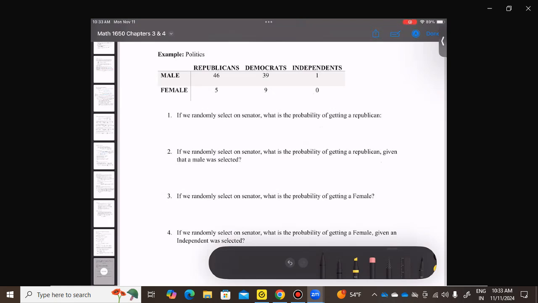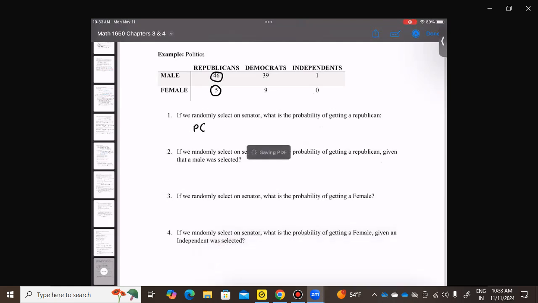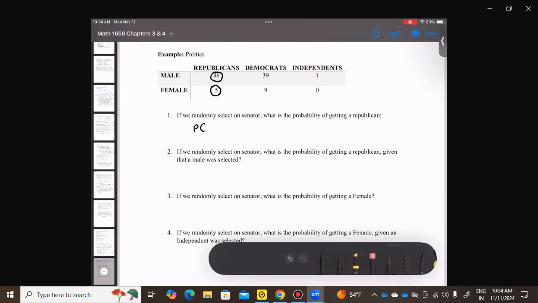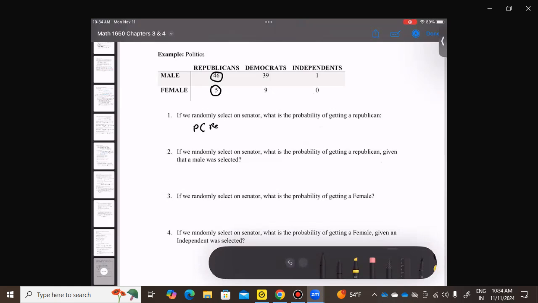We see that we have 46 male Republicans and 5 female Republicans. So the probability is going to be 51 out of the total of 100 senators. This is 0.51, 51%.